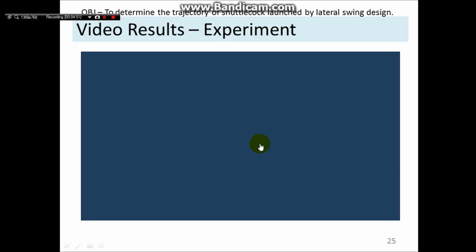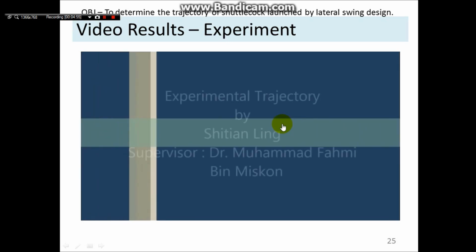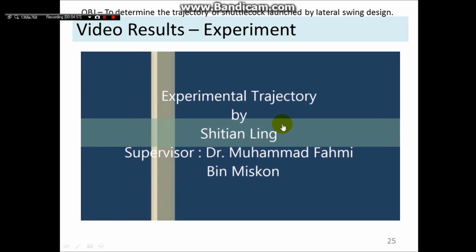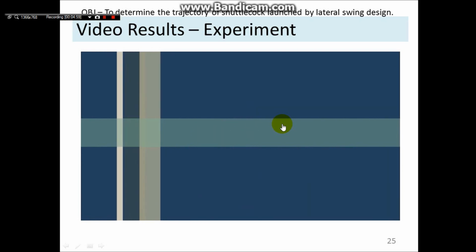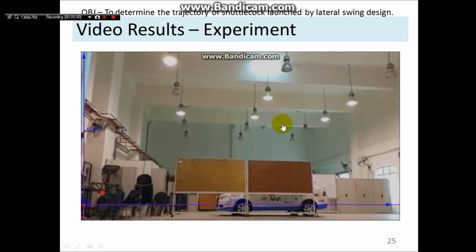So this is the video showing the experiment done by the lateral swing design. This video analysis is simulated by using a software called Tracker 4.84.